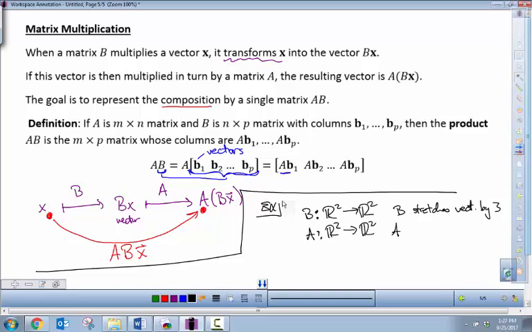Let's say A rotates the vector clockwise by 45 degrees. So if we combine these two transformations, it should result in some sort of matrix multiplication, right?